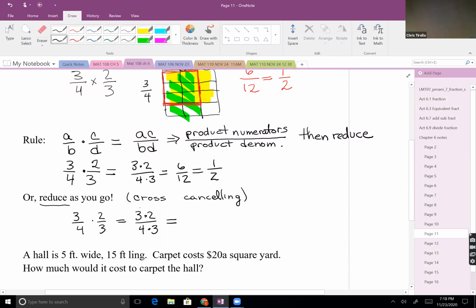Is everybody familiar with that idea that you can cancel out a factor common to the numerator and denominator? And so even before I multiply, I can divide those 3's. 3 divided by 3 is 1. 3 divided by 3 is 1. And I can also divide 2 divided by 2 is 1. And then 2 goes into 4 twice. And that leaves me with the 1/2.